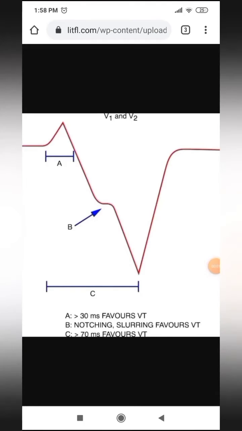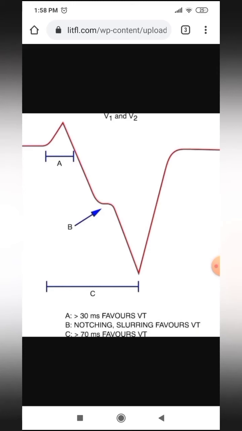Now another point that we have already discussed in our algorithm, that in case of LBBB, if in V1 or V2 the R wave interval is more than 30 milliseconds, or the R to nadir of S wave interval is more than 70 milliseconds, it will be labeled as a ventricular tachycardia. So this is a representation of that point.